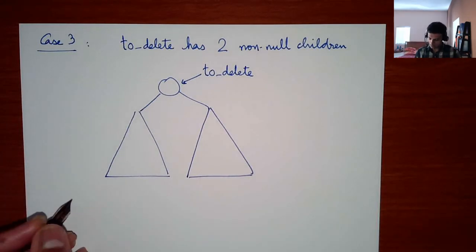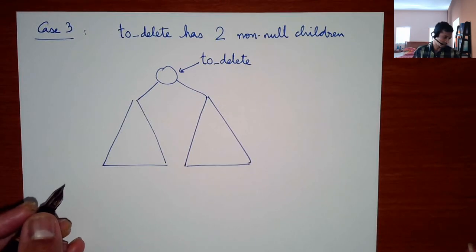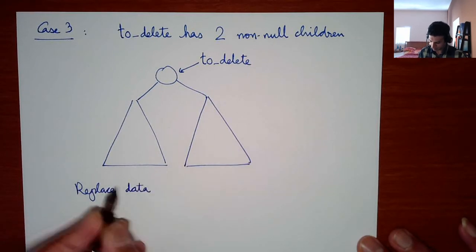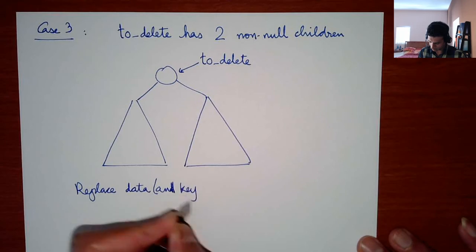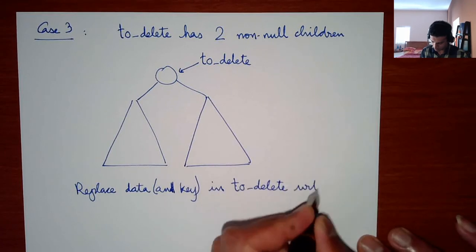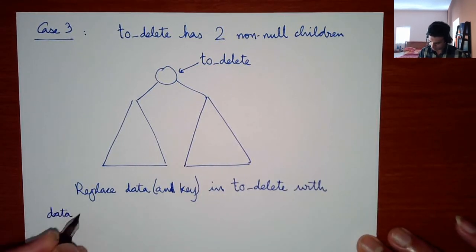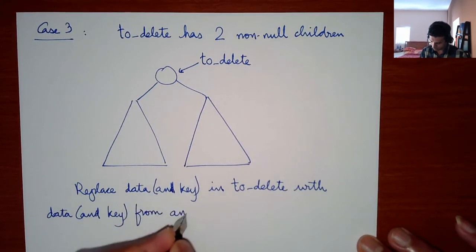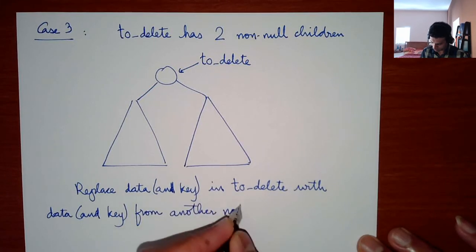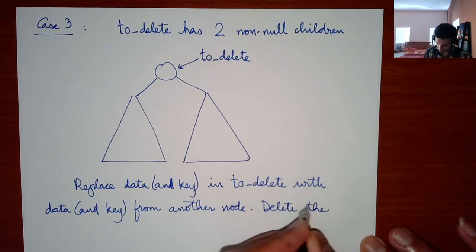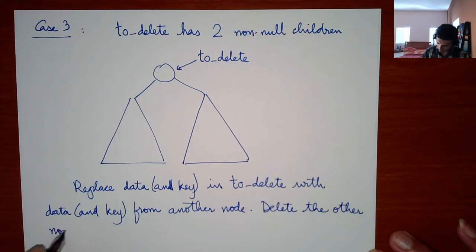So it turns out that instead of actually trying to delete something, what is convenient is to replace the data and the key in toDelete with the data and key from another node, and delete the other node using cases 1 and 2.